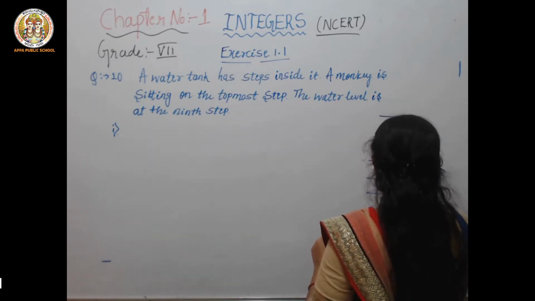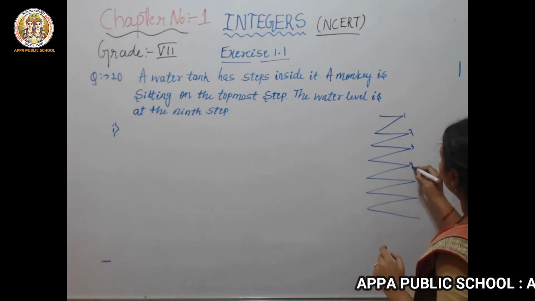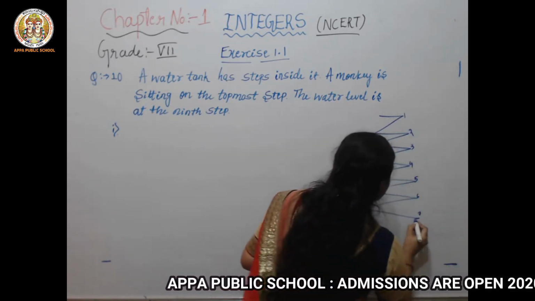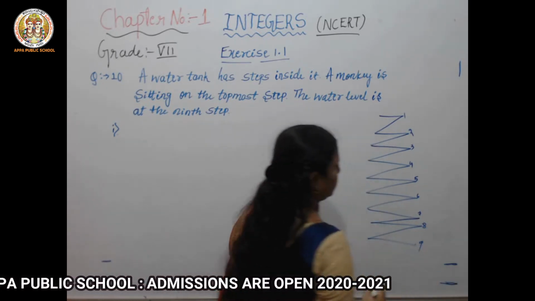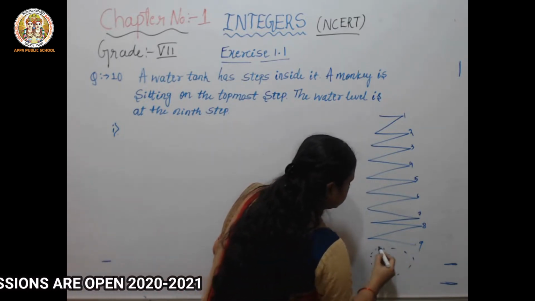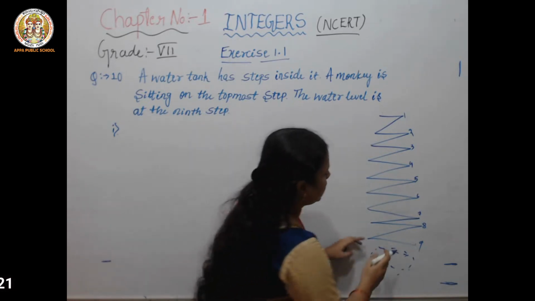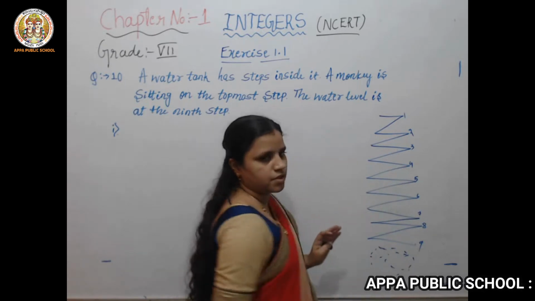This is like steps: first, second, third, fourth, fifth, sixth, seventh, and this is 8 and this is 9. Imagine that this is a water tank and above it we have the steps.